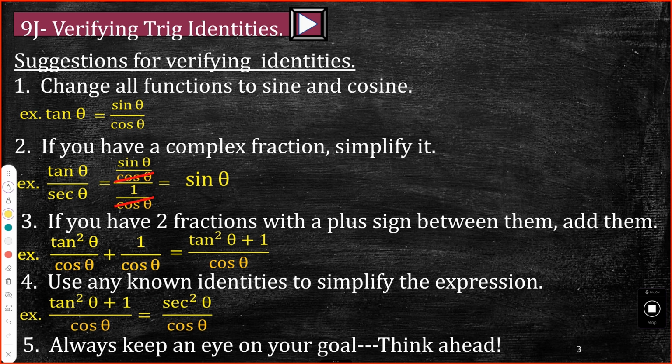That's the last suggestion. What are you trying to do? What's the whole point of this? Okay, we'll do a problem now. All right, ready? Here we go. We're going to start doing some problems.